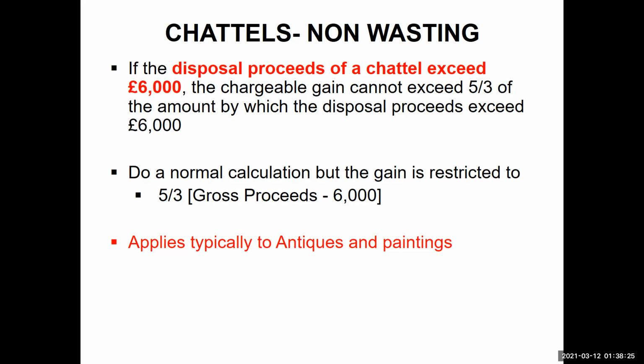So, assuming we sold it for 10,000, we subtract the 6,000 threshold from the 10,000 and multiply it by 5/3. Whatever we get, we compare it to the gain we have computed, and then we choose the lowest. Remember, in all cases, if there are gains, we choose the smallest. Typically, this 5/3 restriction applies to antiques and paintings.